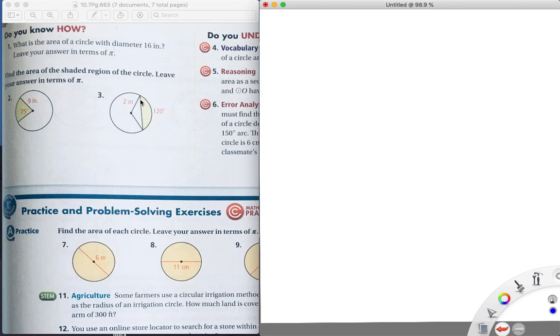Notice that this is 2, so that means that this will be my hypotenuse when I cut this triangle in half. Notice that this is 120 degrees, so this is going to be cut into 60. So if I was to draw the triangle out, well, first it's going to be the area of the sector minus the triangle, and that's going to give me my area of the segment.